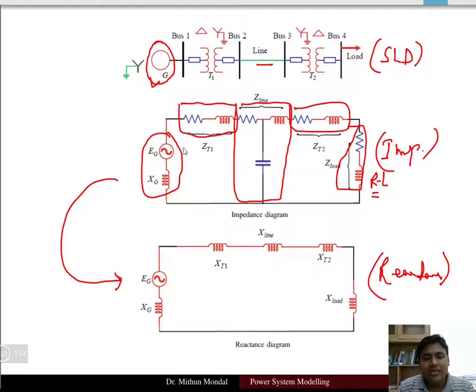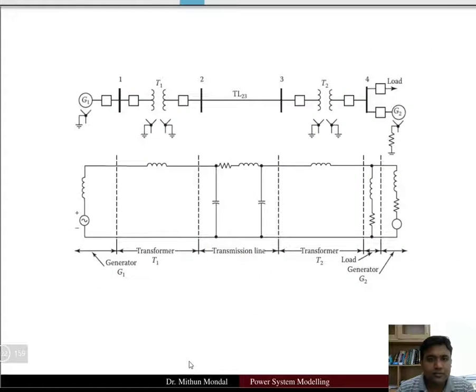All the static loads, resistances and shunt branches are neglected, so this will be an approximate equivalent circuit, and that is the reactance diagram. Here all resistances and all capacitances are neglected to make the circuit simpler, and that is known as the reactance diagram. So we have seen that the impedance diagram will be used for the load calculation and the reactance diagram will be used for the fault calculation.